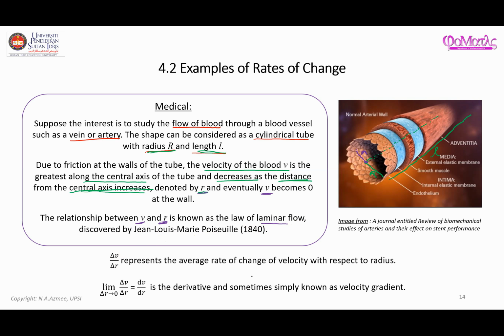If you look at this mathematical notation, delta V over delta R, it represents the average rate of change of velocity, because delta V is the change of velocity with respect to radius, the distance from the central axis. Now if you add the term limit delta R approaches 0 to delta V over delta R, then this expression becomes the derivative, and it is also known as the velocity gradient.